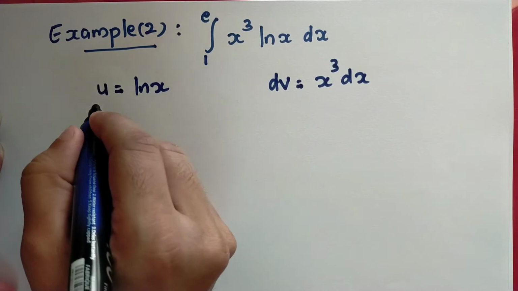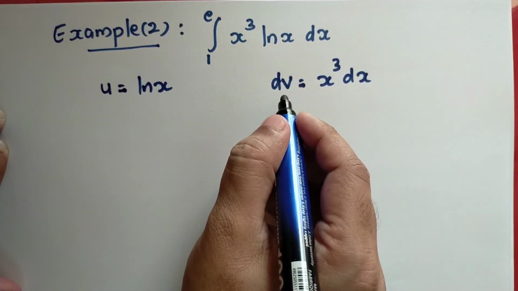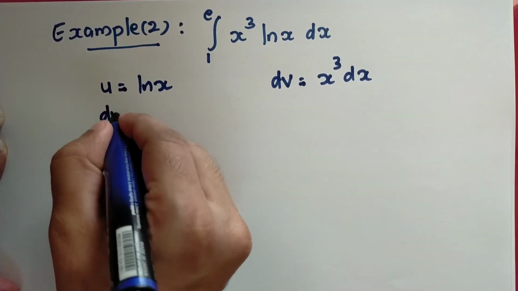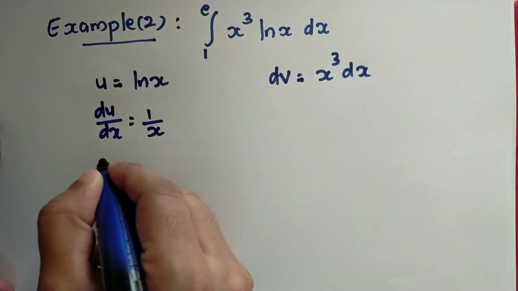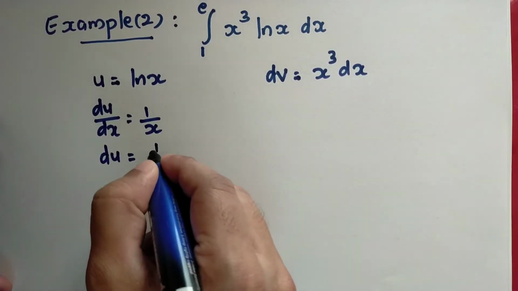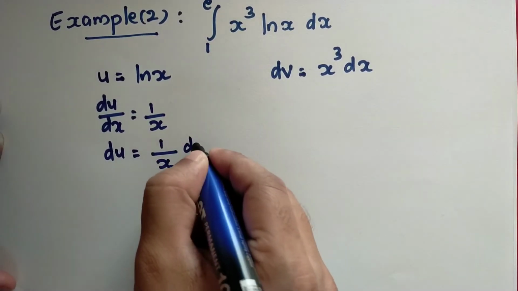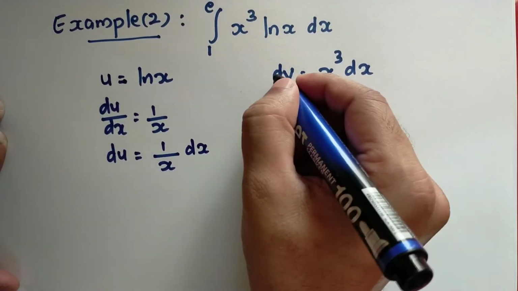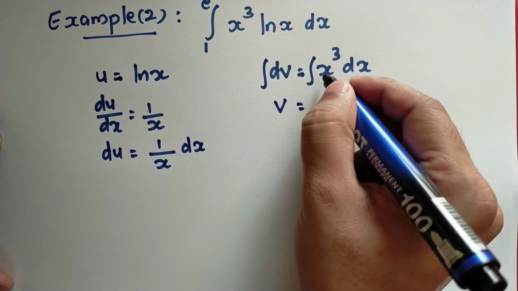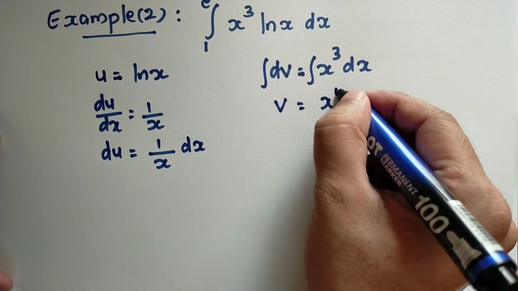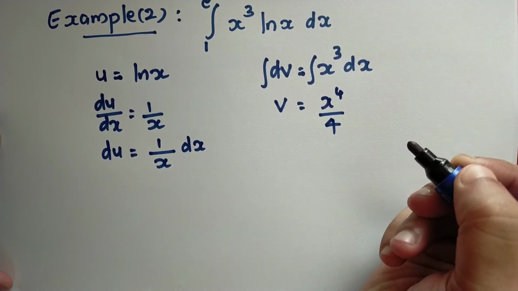We will differentiate u and integrate dv. So here du by dx is equal to 1 by x. Therefore, du is equal to 1 by x dx. dv we will integrate. So v is equal to integral of x power 3, which is x power 4 by 4.